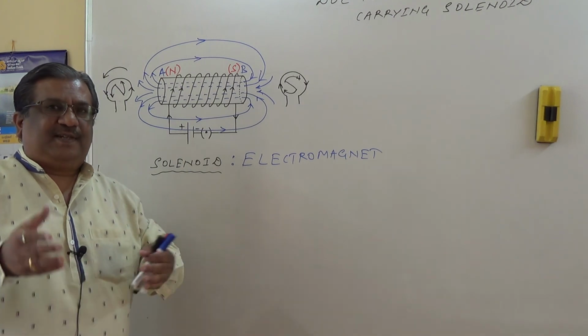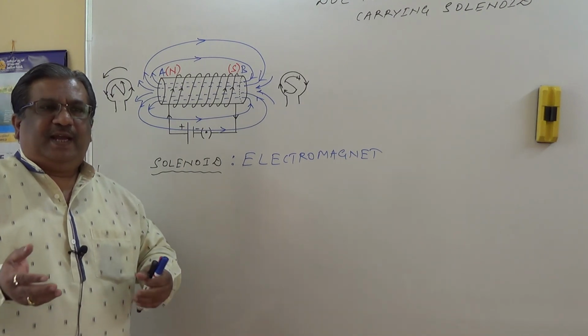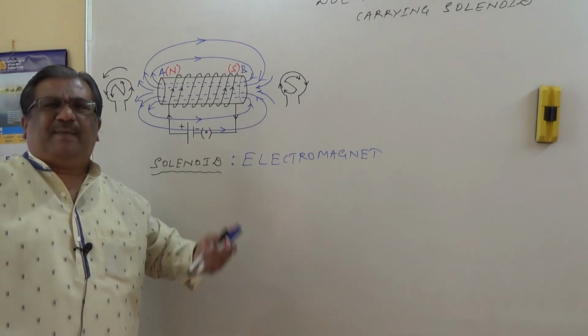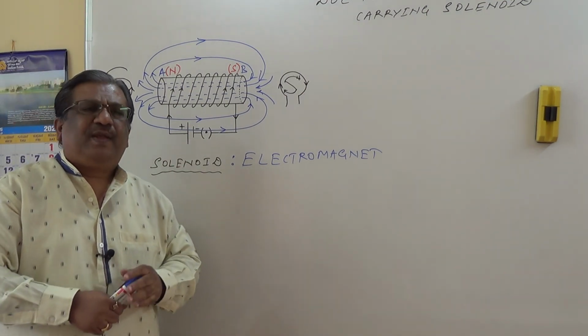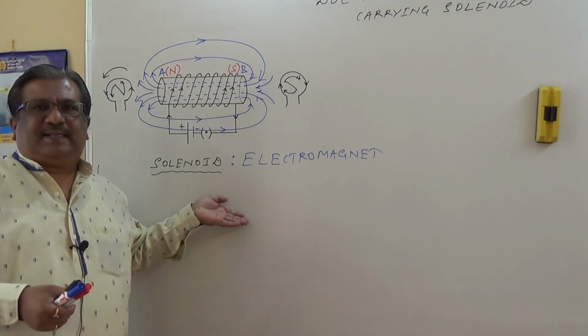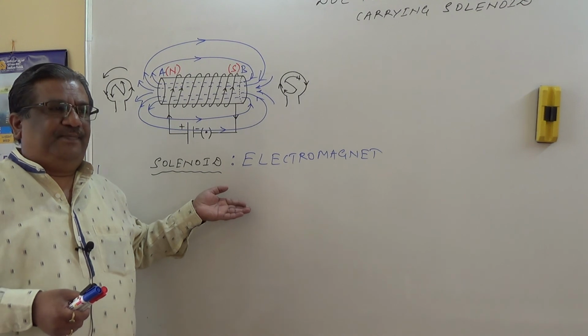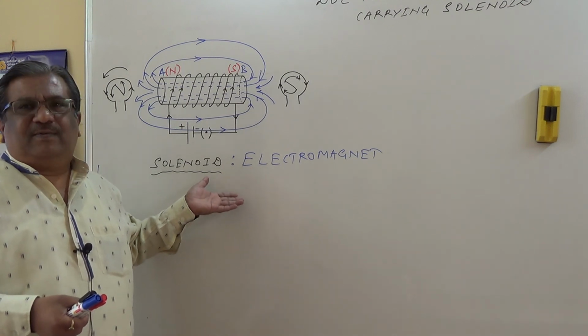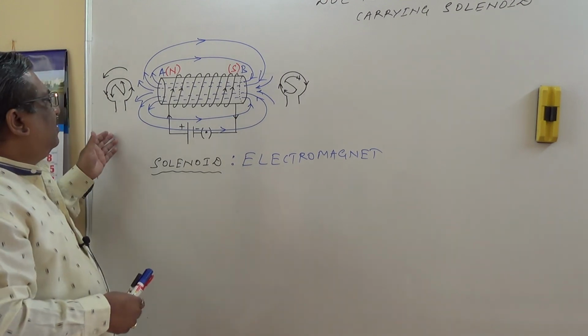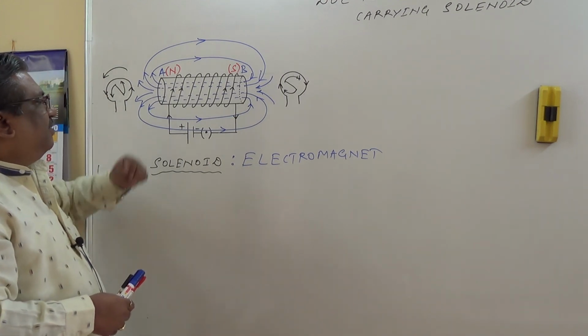For example, if there is a defective item, in order to push that item, we can make use of the electromagnet. There are wide industrial applications, and you can remember that these are used as actuators in valves and so on. This is all about the solenoid and identification of the polarities.